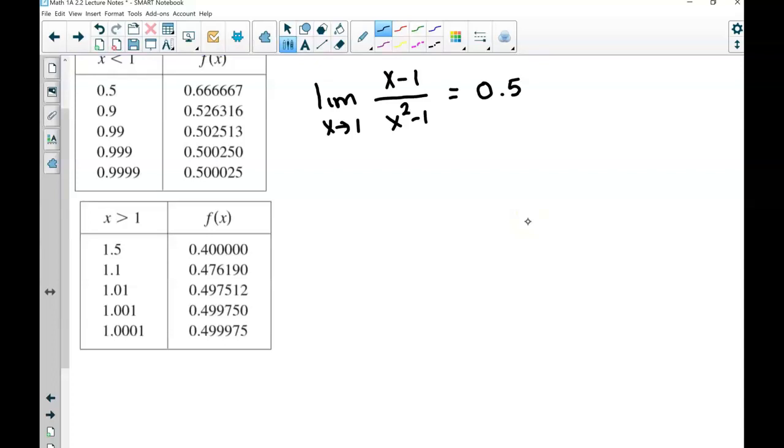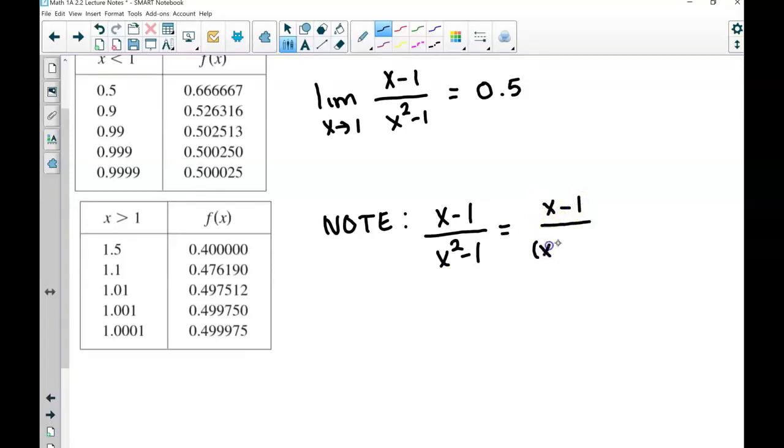Now, another thing to look at here, and this is something that we're going to look at later on: if you have x minus 1 over x squared minus 1, the denominator of this rational function can be factored into x plus 1 times x minus 1 using the difference of squares.